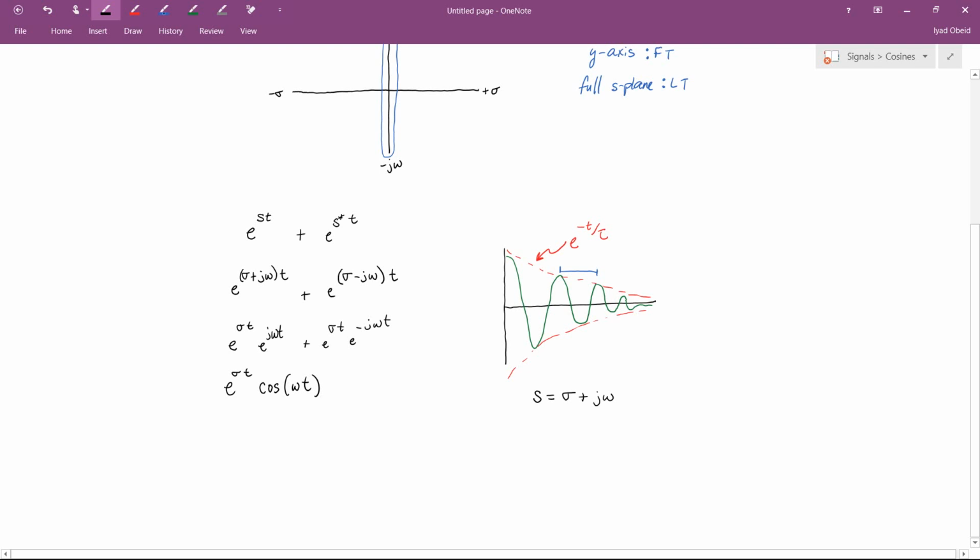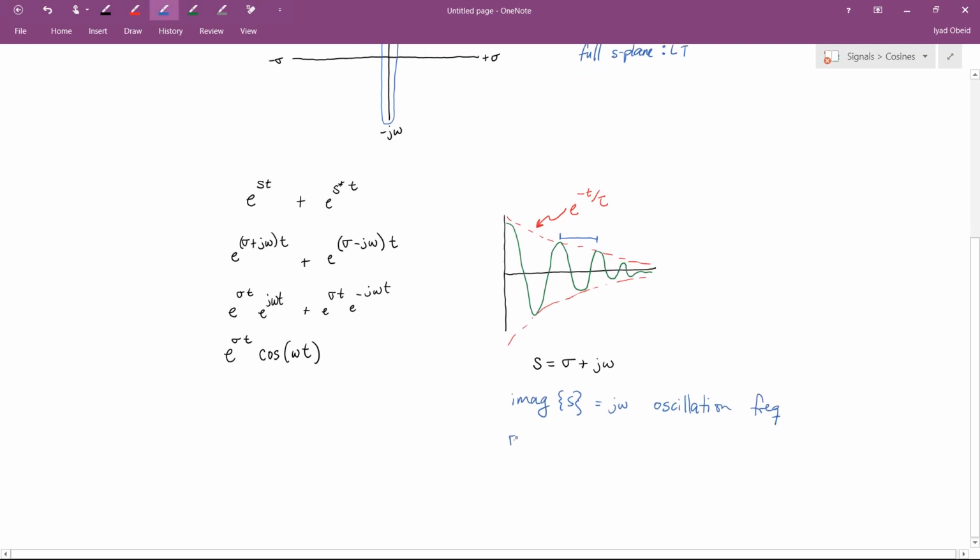Now, as we've just pointed out, the imaginary part of s is j omega, and that sets the oscillation frequency. The real part of s is sigma, and that sets the decay rate.